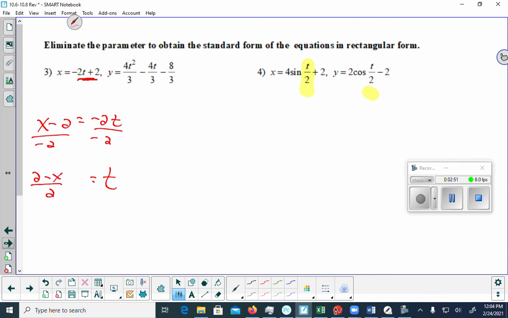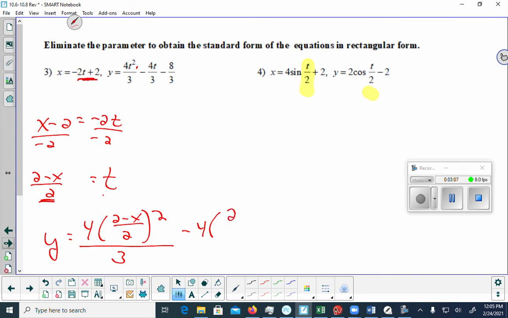Then I'm going to put whatever t is into this equation here and solve for y. So y is equal to 4 times 2 minus x over 2 squared, and this is all over 3, minus 4 times 2 minus x over 2, and then minus 8 over 3.